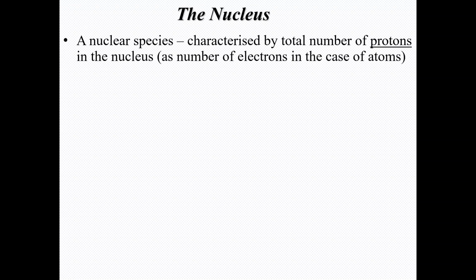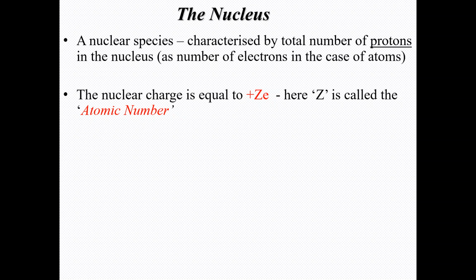The only charged particles inside the nucleus are the protons, and the number of protons inside the nucleus is the same as the number of electrons in the atom. So the nuclear charge is equal to positive Ze.